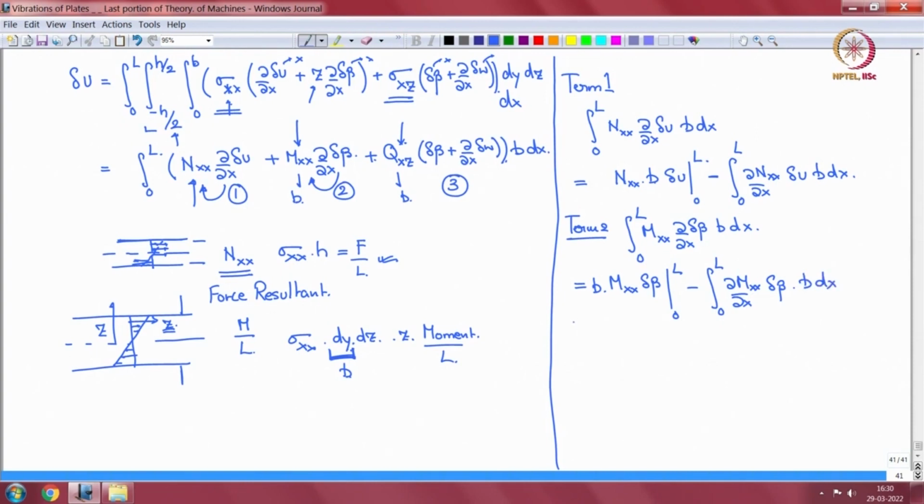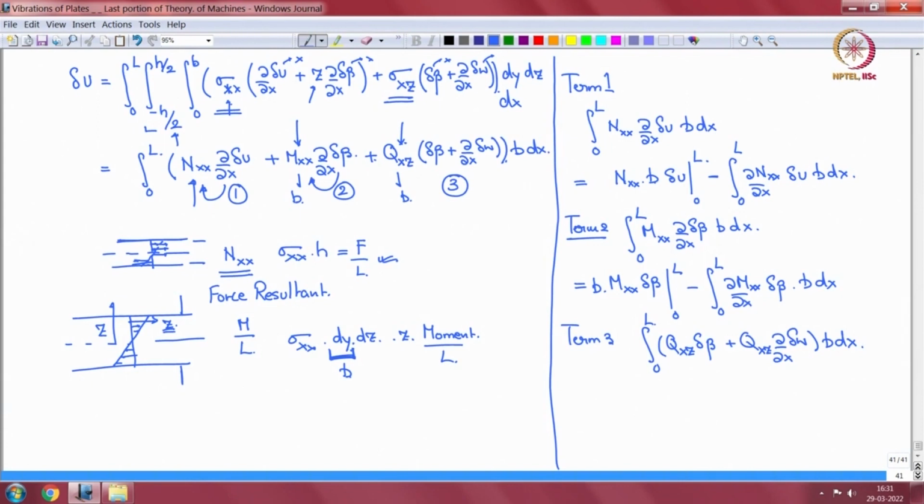And term 3. Term 3 is integral 0 to L qxz delta beta plus qxz del x delta w into b dx.